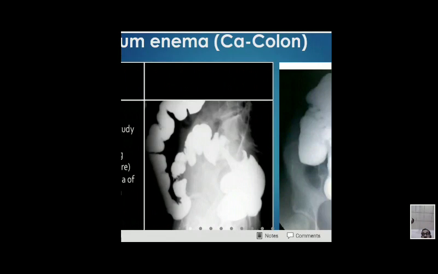Our next question: what are the types of colonic malignancy? What are the large intestinal malignant tumors? Adenocarcinoma. Yes, number one, carcinoma.